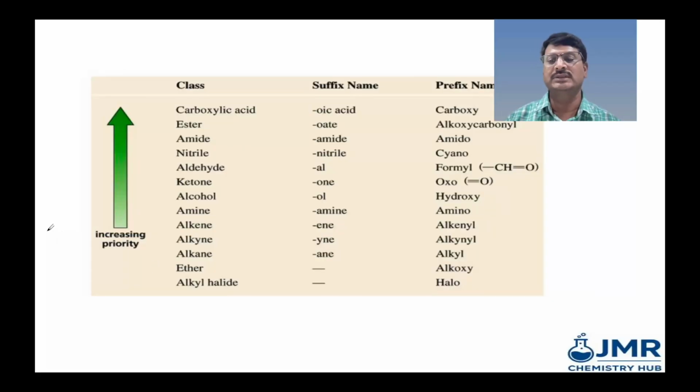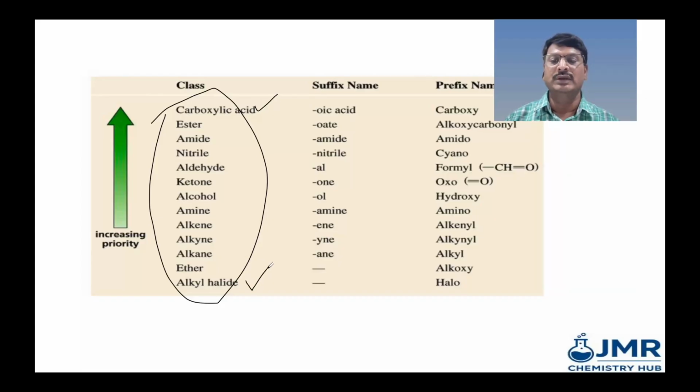This is the priority of the functional groups. Carboxylic acid goes to highest priority, alkyl halides go to least priority. Like that you have to give the priority. According to that priority, you select which one is the functional group and which one is the substituent.